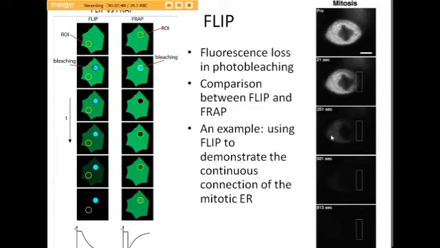We can see that the region that is far away from this FLIP photobleaching region has its intensity gradually reduced. As you further photobleach this region, we can see the intensity of the other regions reducing and reducing. Eventually, the total cell's pool of lamin B receptor GFP is all photobleached. So this indirectly shows that mitotic ER is continuous.